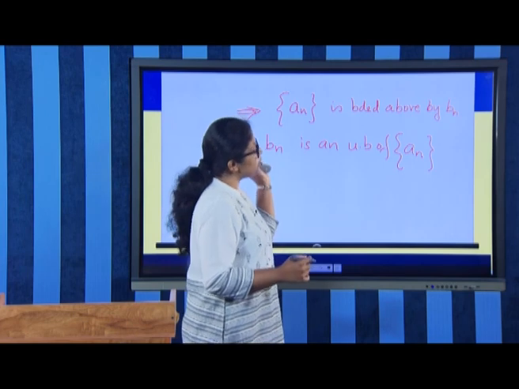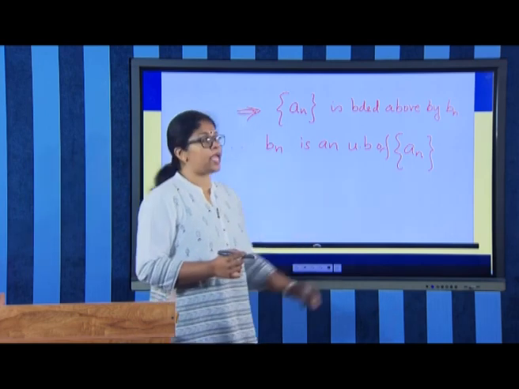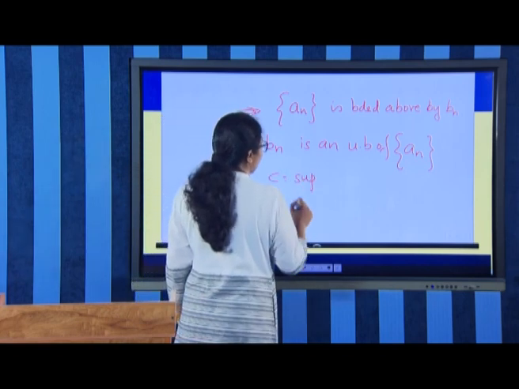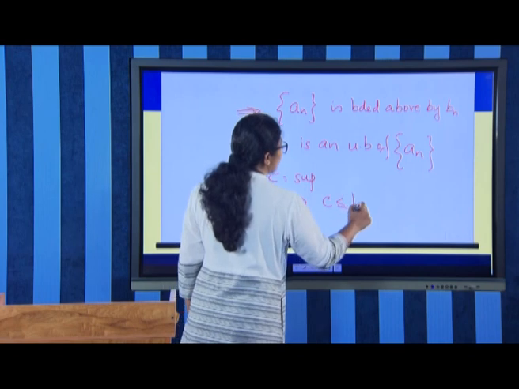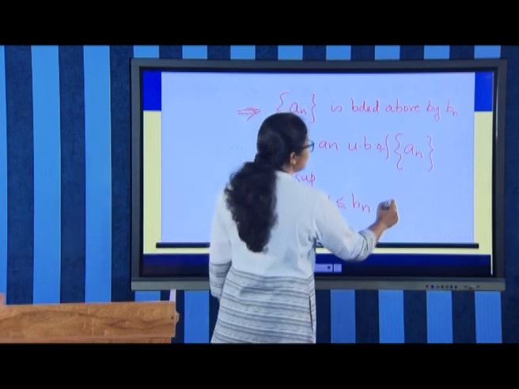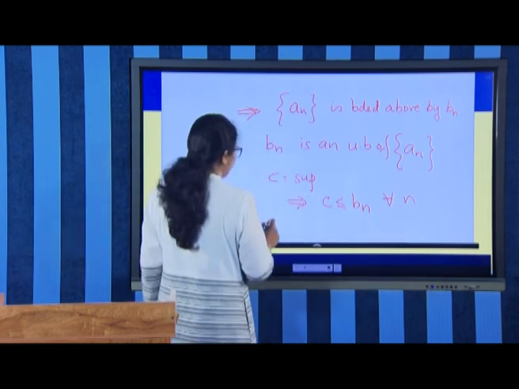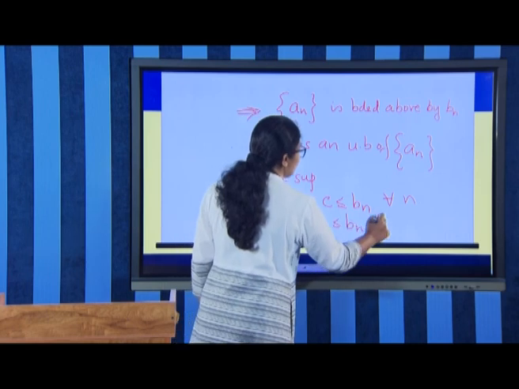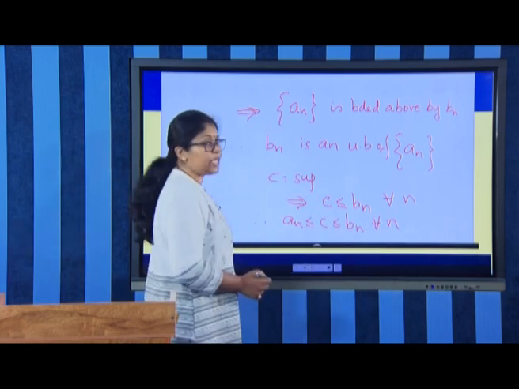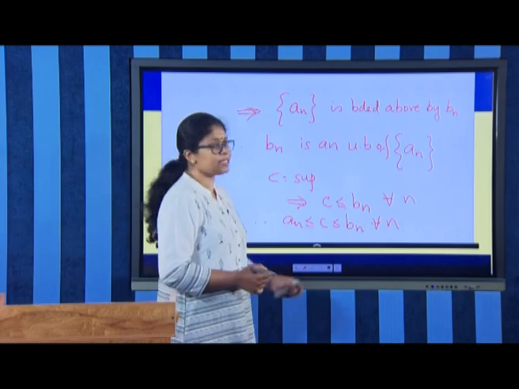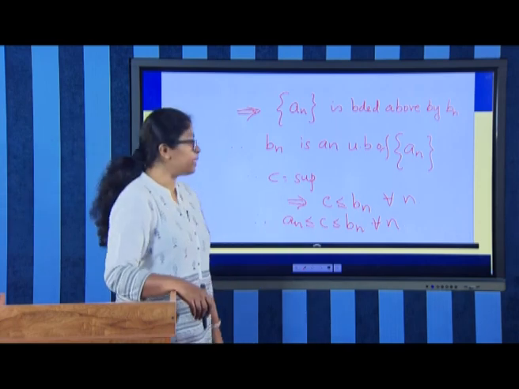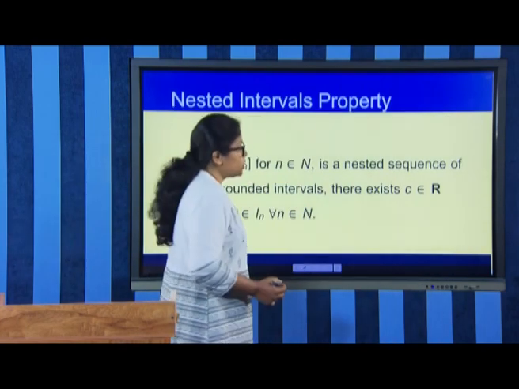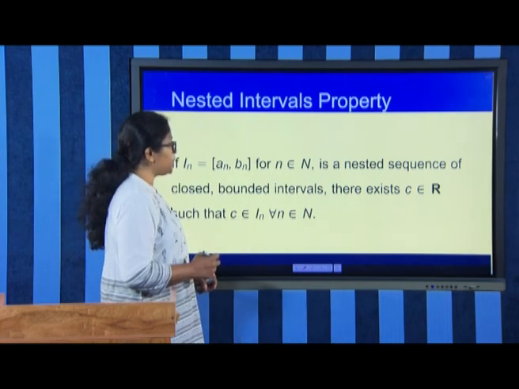It indicates that it is the upper bound of every such An, and so C being the supremum, C is less than or equal to Bn, and this is true for every n. Therefore, we have An less than or equal to C less than or equal to Bn for every n, which indicates that C is in the intersection of all the intervals. So that is proved. So that proves the nested interval property.